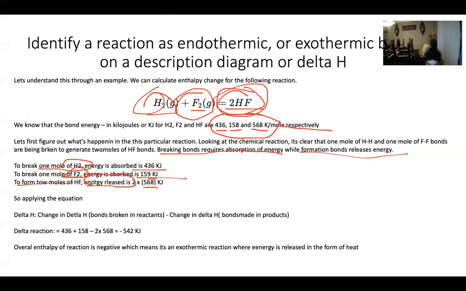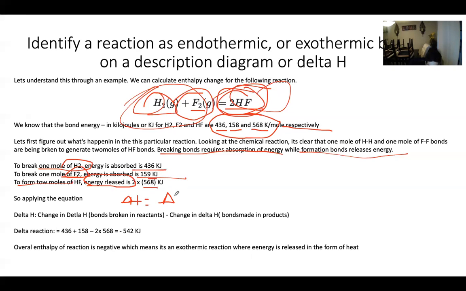So when you're applying this equation and trying to find delta H, delta H equals the change in the bonds broken, which are your reactants, minus the bonds formed, which is your product.